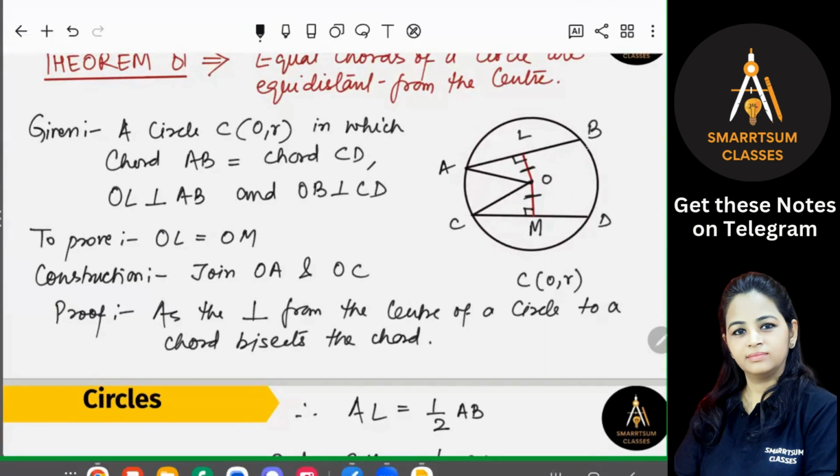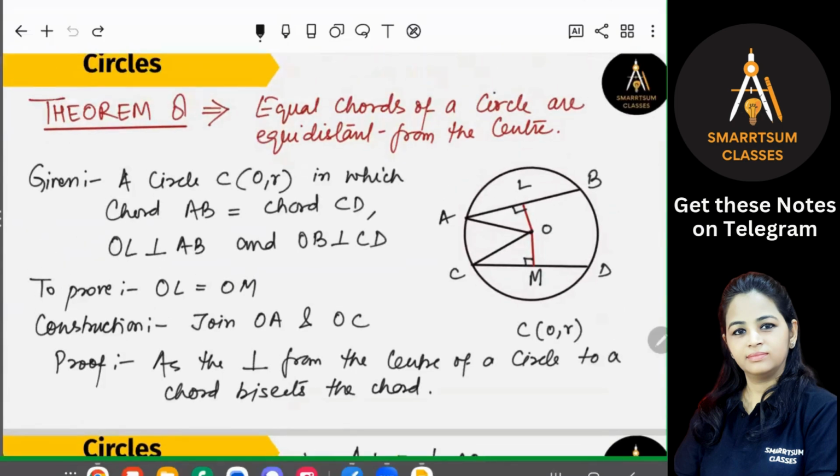OL and OM are the same. That means AB and CD are equidistant from the center O, right? So this was theorem 8, that equal chords of a circle are equidistant from the center, which we have proved. So I hope everybody understood. Yes or no?